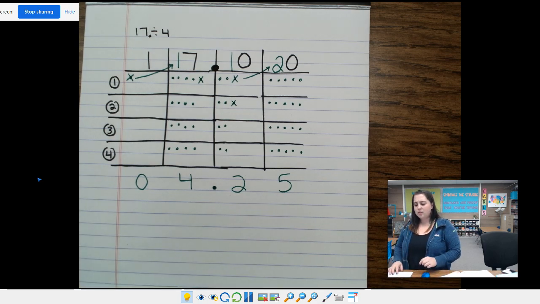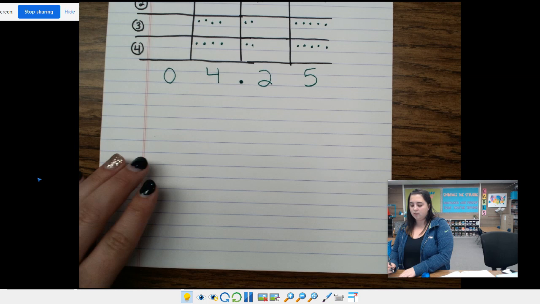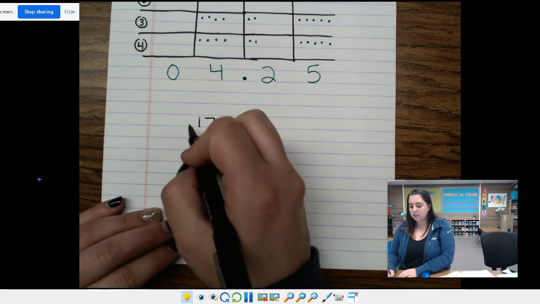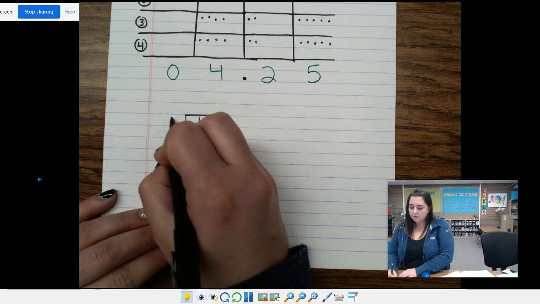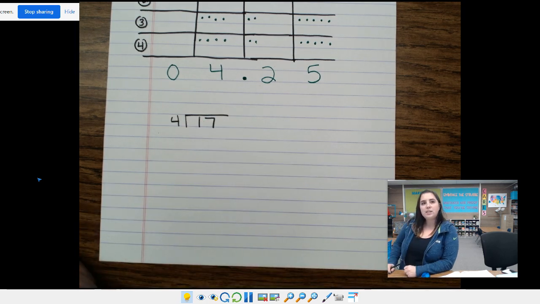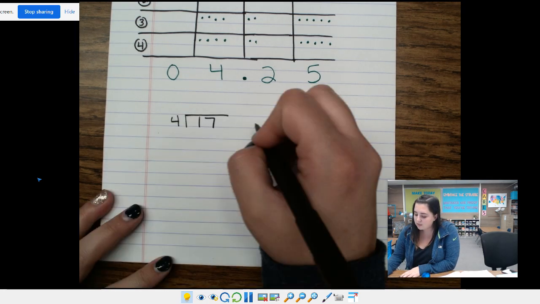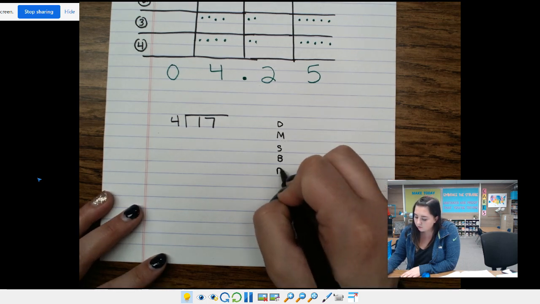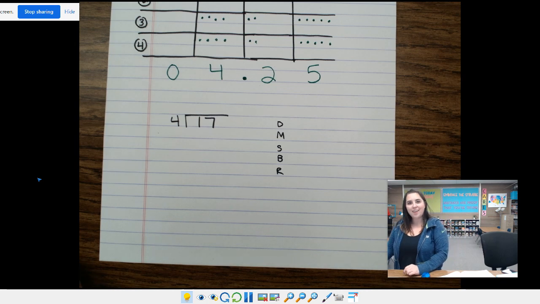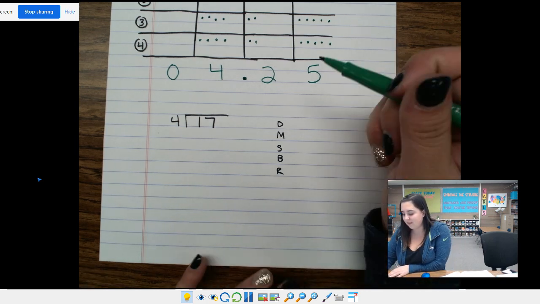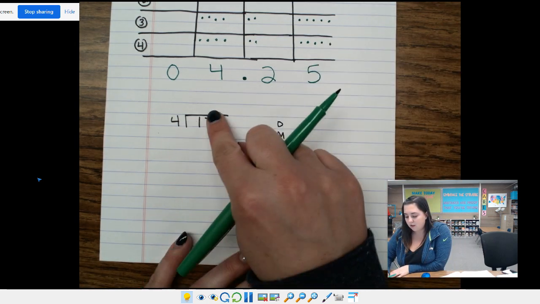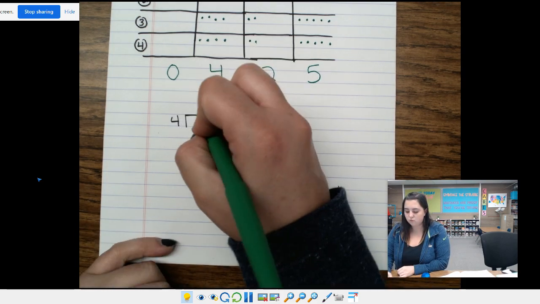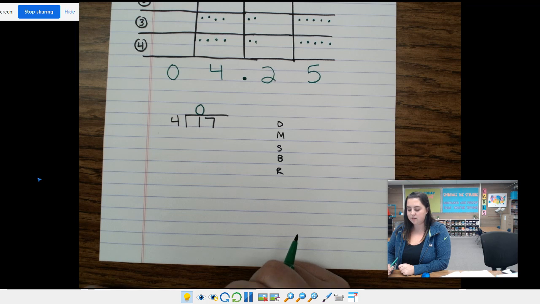Let's see how this looks using long division, because we haven't done one that doesn't have a decimal. So there's my 17. I'm dividing by 4, and I'm still going to use dad, mom, sister, brother, rover. You getting sick of that yet? All right, let's start dividing. 4 goes into 1. Nope. Too much already. 0 times.